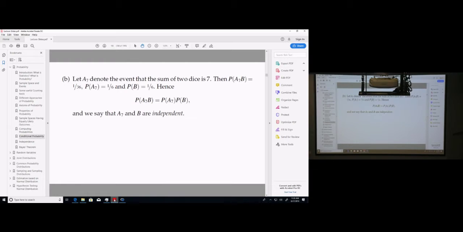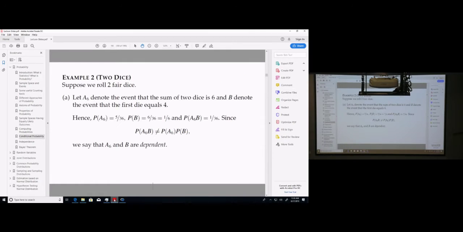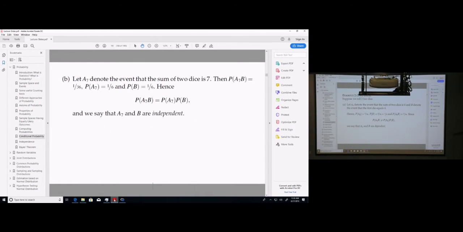It's here. If the sum is 7, then this will be 1 over 6. This is the only change. To get a sum of 7, you have 1,6, 2,5, 3,4, 4,3, 5,2, and 6,1. So there are 6 of these. And the probability of getting a 4 on my first die has been calculated, it is 1 over 6.